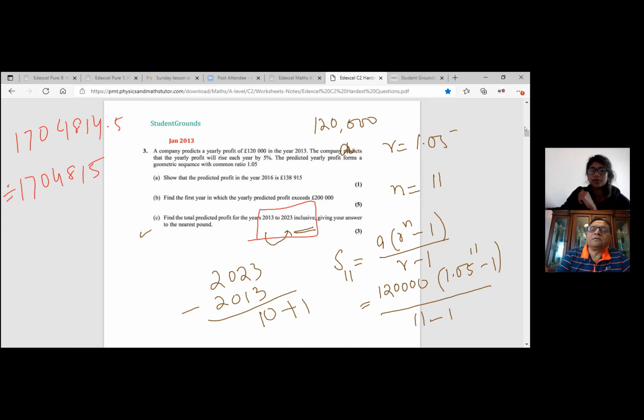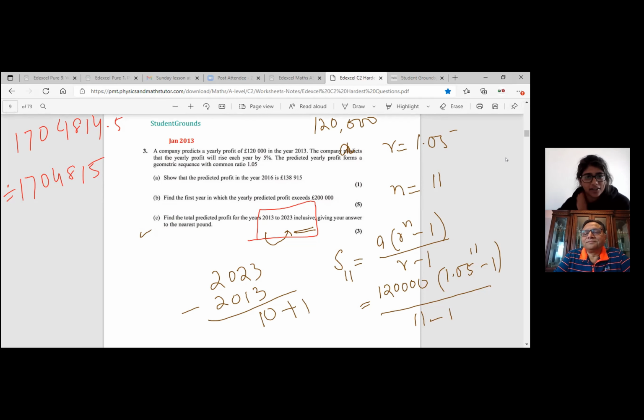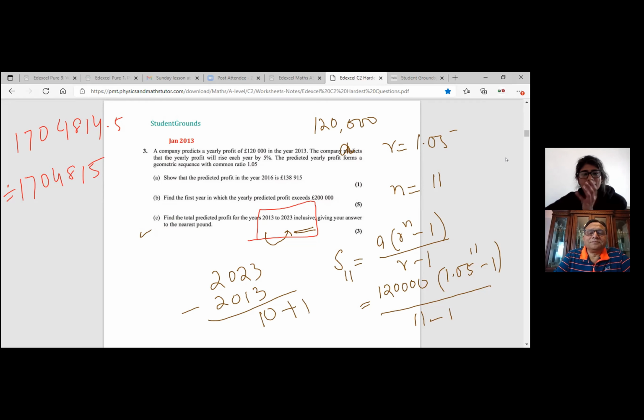Do you want me to just quickly summarize? That'd be better. So what I learned from this question: I thought it would be kind of straightforward, but it was kind of lengthier. Even part 1, when we did it, the method was right, but it's about understanding other ways of doing it.